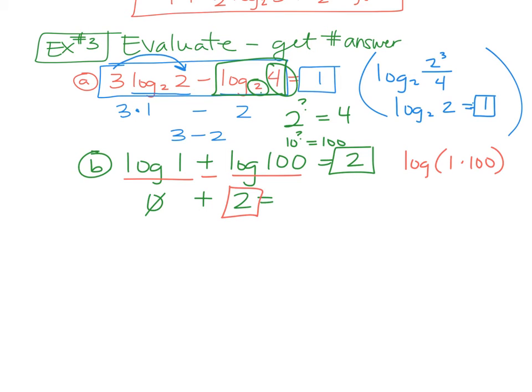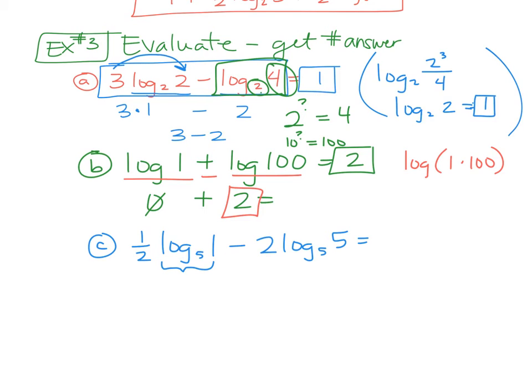Okay, letter C. This one is 1/2 log base 5 of 1 minus 2 log base 5 of 5. Okay, again, I still think it's easier here just to take what these logs equal. What is log base 5 of 1? So 5 to what power equals 1? 0.